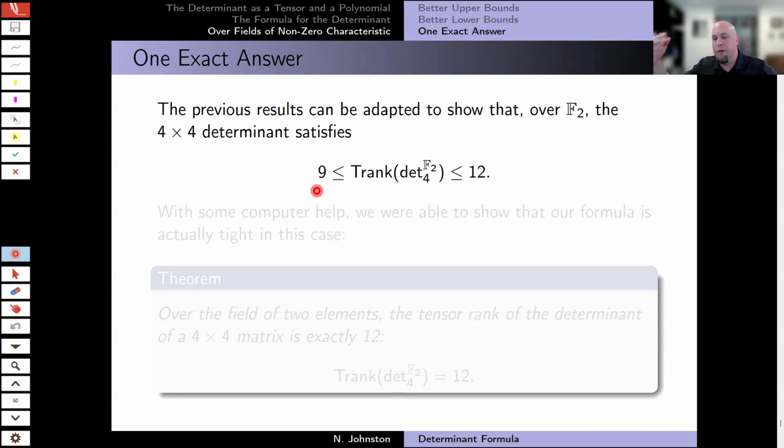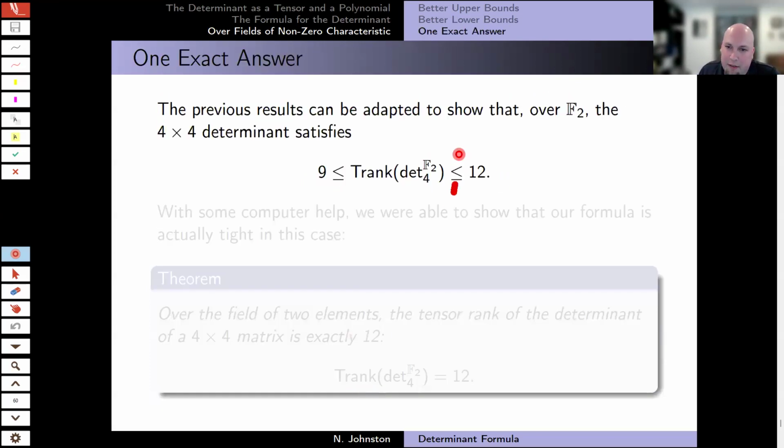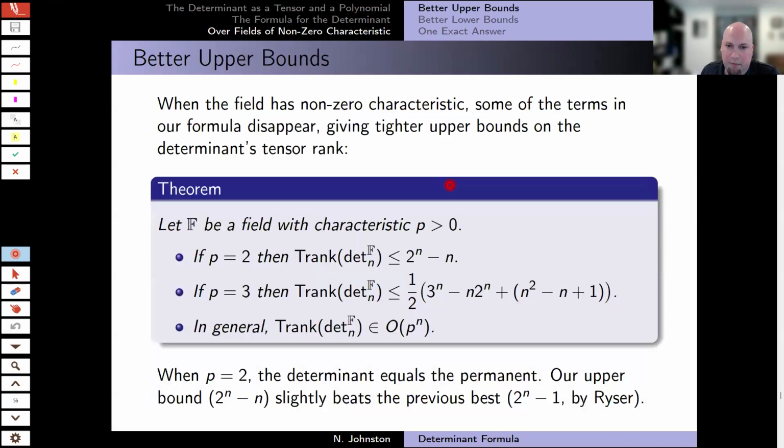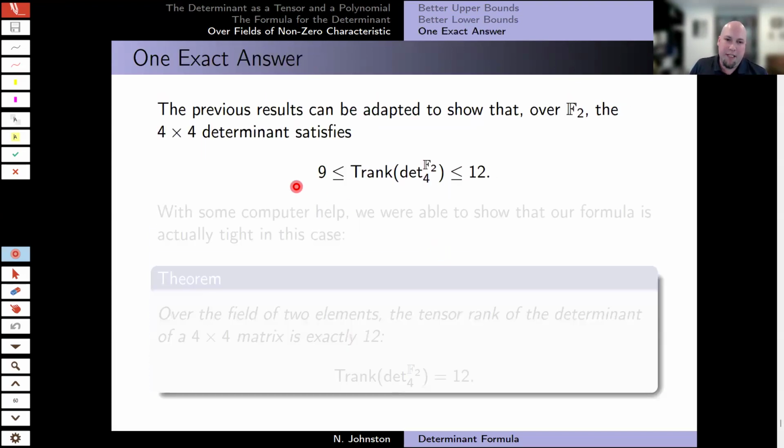Using everything that we've talked about so far, the best lower bound that we get is 9. That lower bound comes from this here. And the upper bound is 12, which comes from this formula right here, because the field of 2 elements has characteristic 2. So the tensor rank of the 4x4 determinant on the field of 2 elements is between 9 and 12.